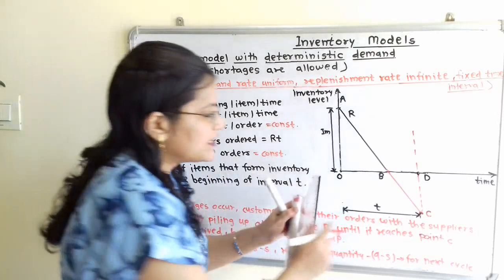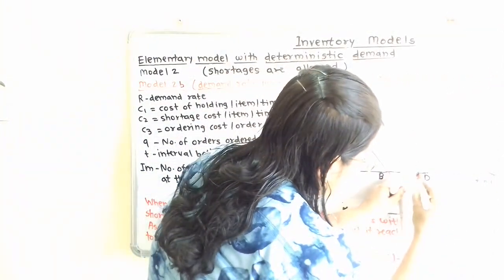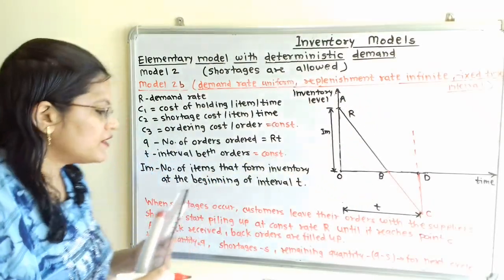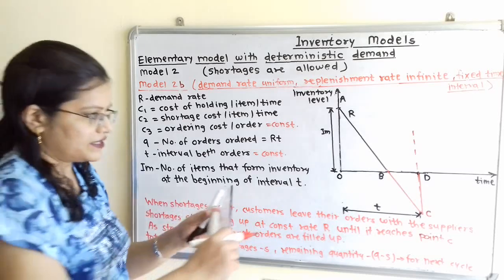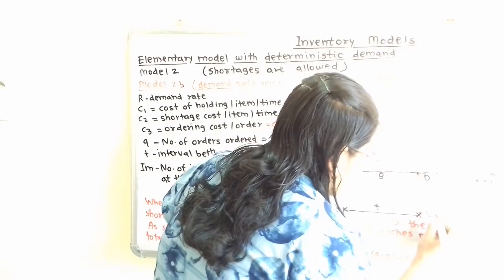The vertical distance between C and D is the shortages that are filled up, and we will show the shortages with the letter S.